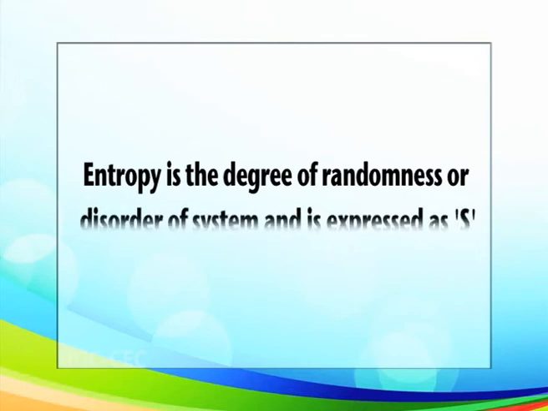Entropy is the degree of randomness or disorder of a system and is expressed as S. Any change in randomness of the system is expressed as entropy change, that is delta S, which by convention has a positive value when randomness increases.